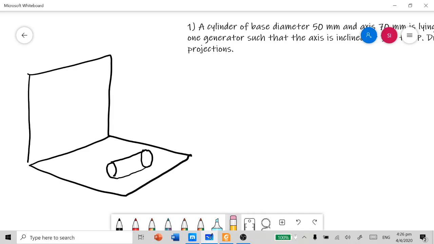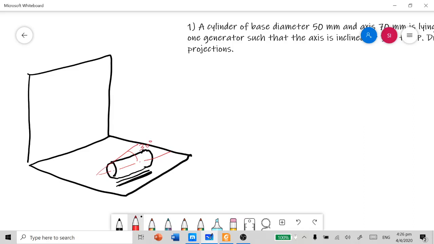So the cylinder is resting on HP by its side generator, and meanwhile the axis is inclined at 30 degree to VP and parallel to HP.